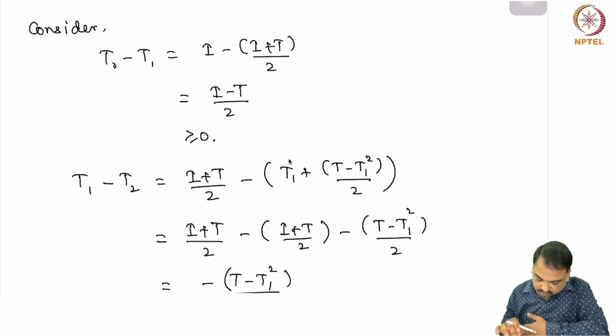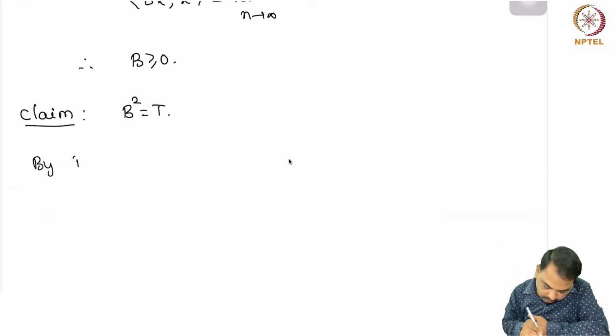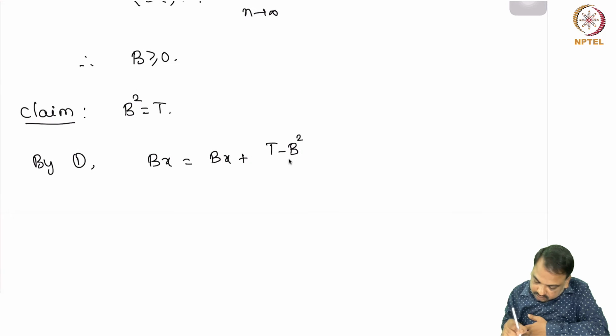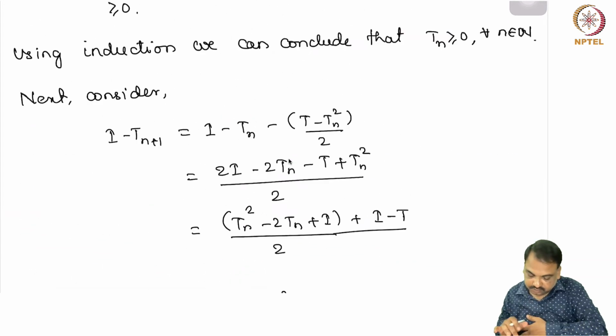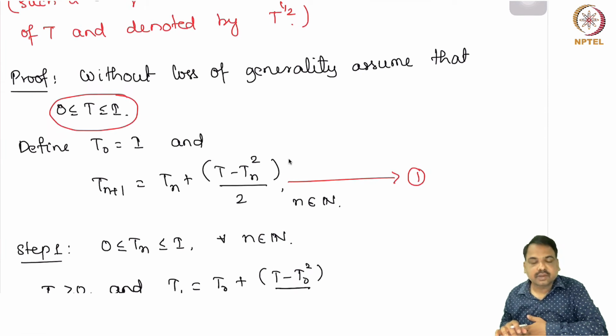So by 1 we can say that Bx is Bx plus Tx minus B square x for every x in H, because the left hand side Tn plus 1x converges to Bx, Tnx converges to Bx, and Tn square x converges to B square x.